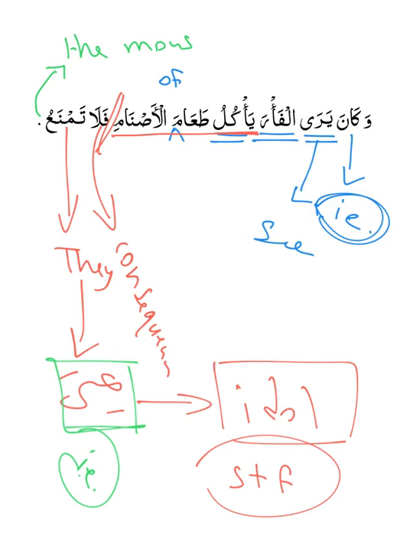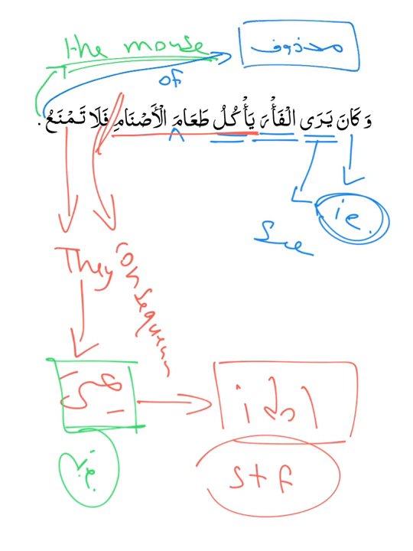Because it's so obvious who the maf'ul bihi is, the maf'ul bihi of la tamna'u is what we call mahdhuf. It's omitted, it's been removed because it's so obvious. No need to mention it. But it's good to point these things out in the translation, especially for beginners, so we build this ability and capacity of recognizing things which are mahdhuf in the text.